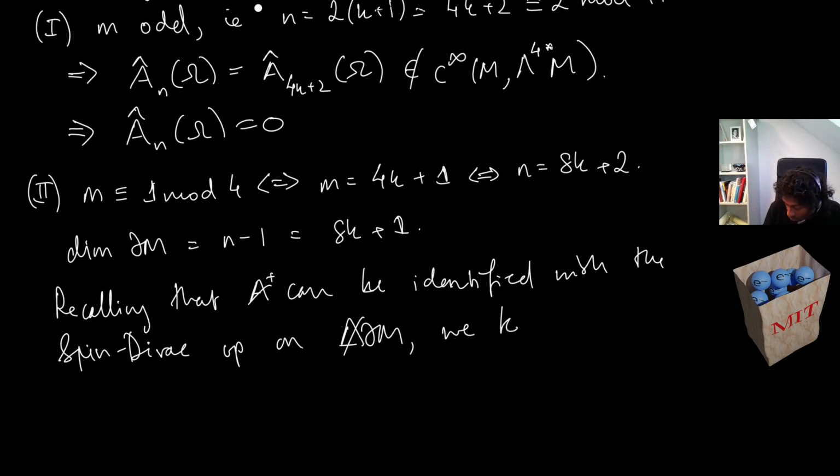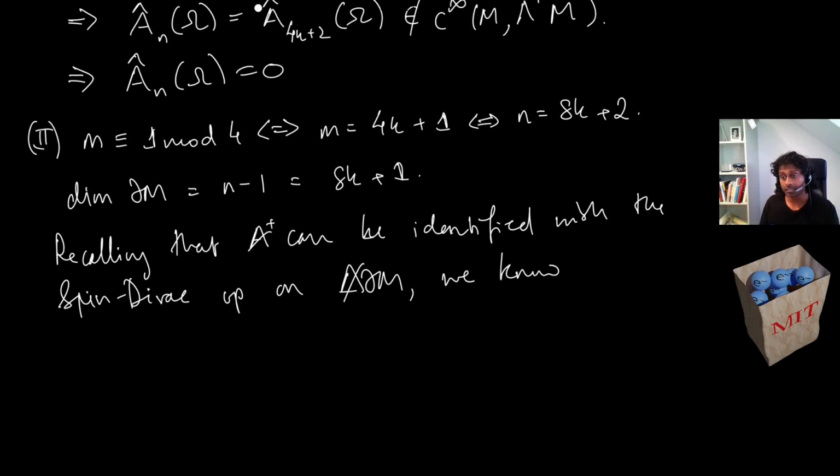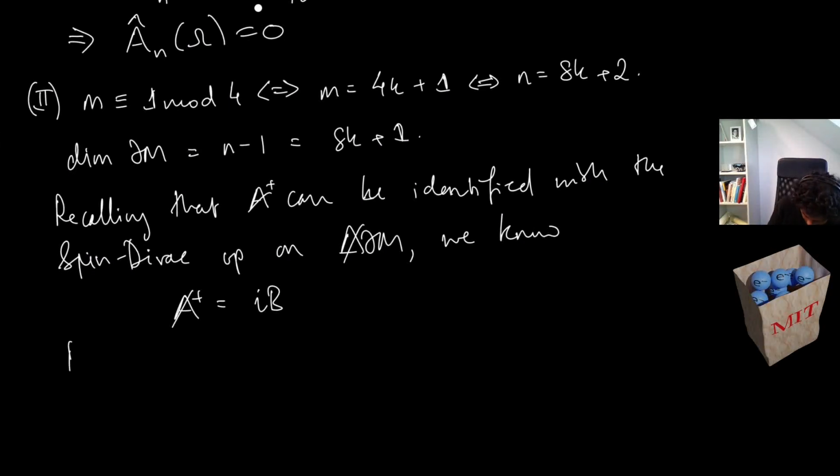This is nothing we proved, but it's already known that this spin Dirac operator is equal to some i times B, where B is real skew adjoint.